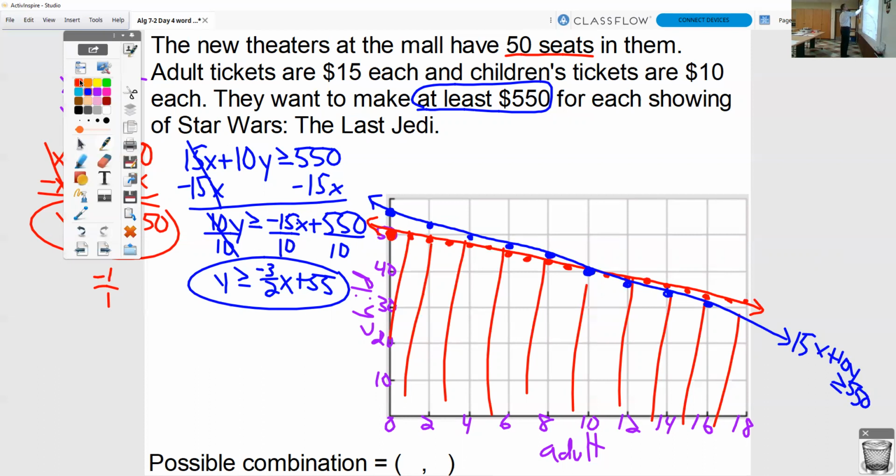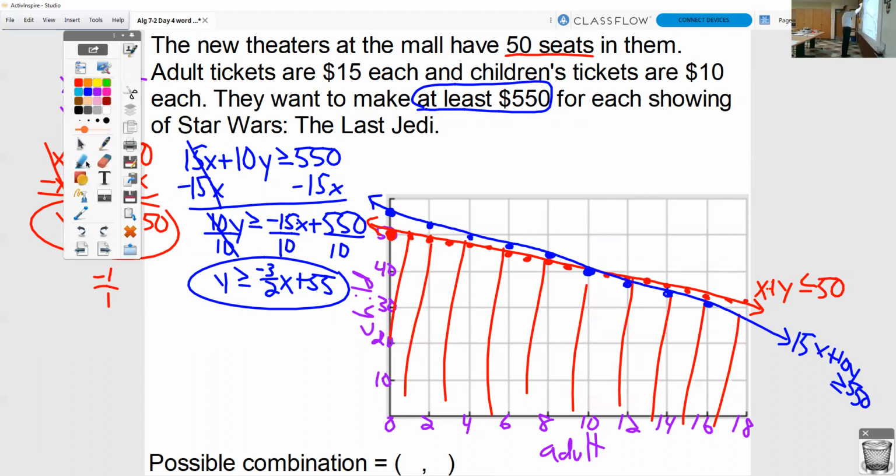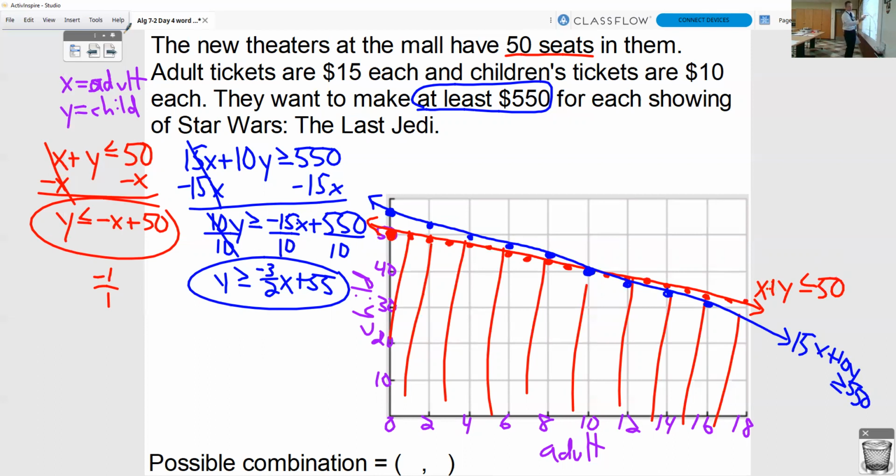The other one real quick. And now we are looking for the double shaded area. The double shaded area in this one is actually this little sliver right in there.